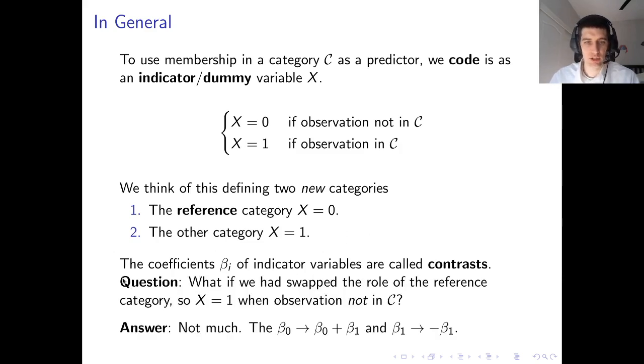And so here's a quick question. What if we had swapped the roles of the reference categories? What that means is that x equals 1 when the observation is not in C. Here I've said x equals 1 when you're in the category, x equals 0 when you're not in the category. So what if I had swapped their roles and said x equals 0 when you're in the category, x equals 1 when you're not?